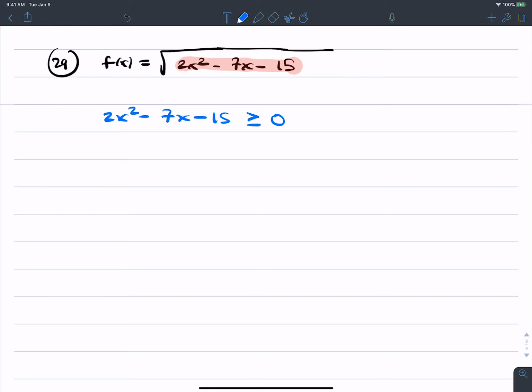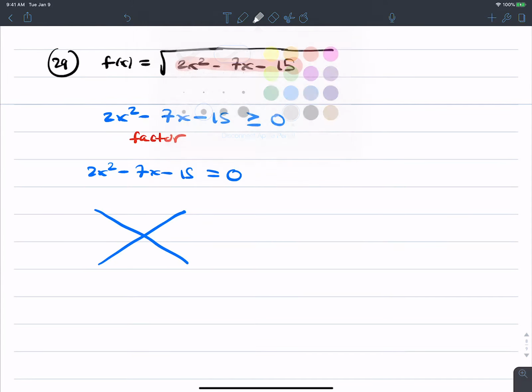At this point, by sign analysis, we want to factor the equality here, or solve the equality. 2x squared minus 7x minus 15. Here's the equality. We want to factor this. If we go into the detail of our procedure again, remember A times C, that's 2 times -15, will give you -30. That's our product.